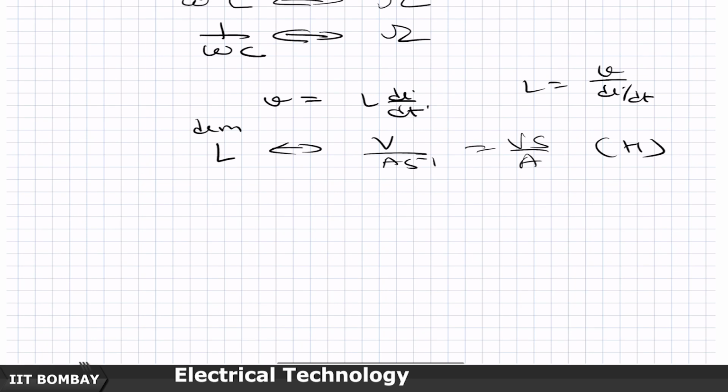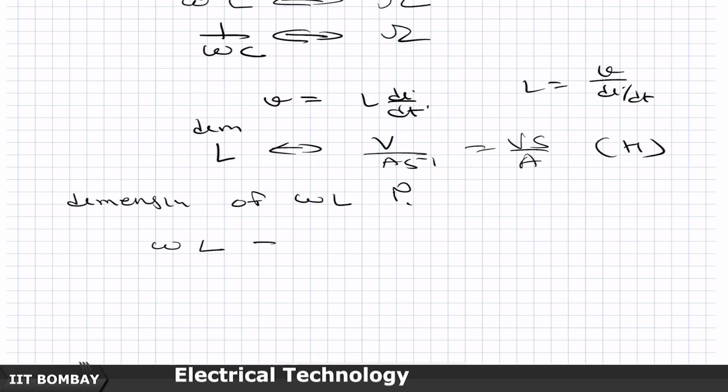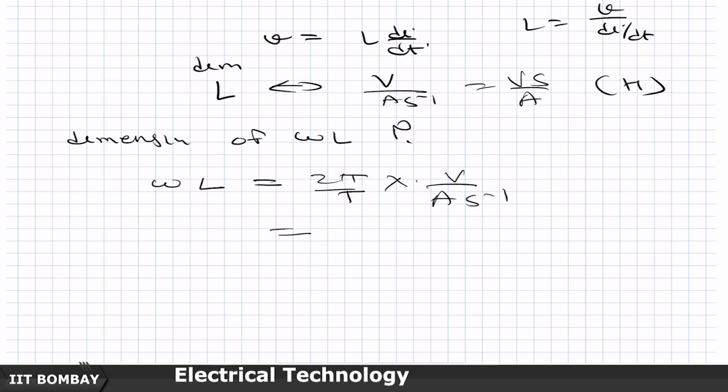Now what is the dimension of omega L? Omega is 2 pi by t and L is V divided by ampere per second. 2 pi has no dimension, so 1 by t is 1 by second, into volt second by ampere.